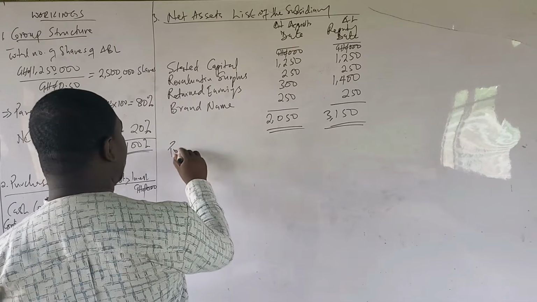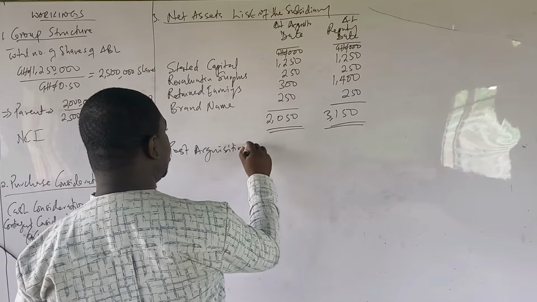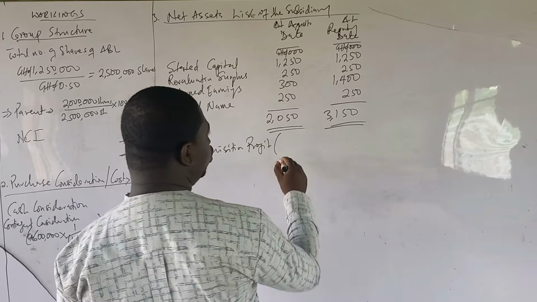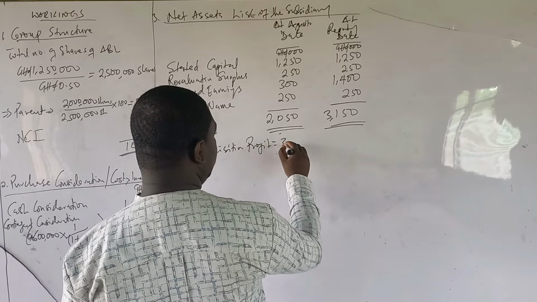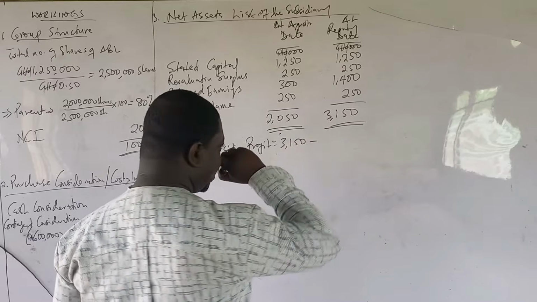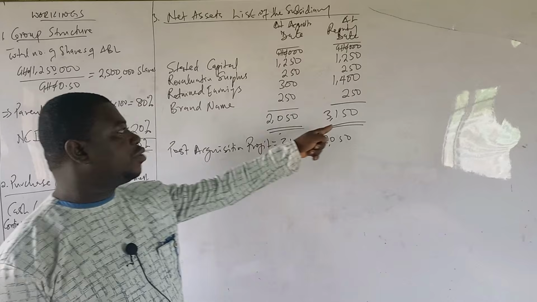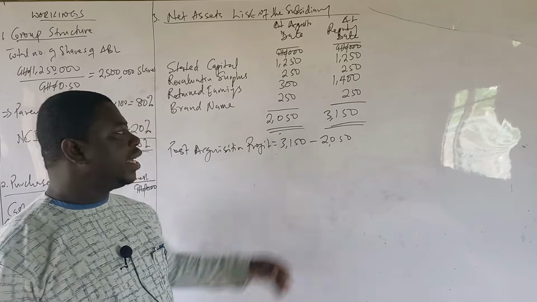So we now find our post-acquisition profit. And post-acquisition profit is going to be 3,150 minus 2,050. So we are actually finding the difference between the two to see if there has been an increase in the reserves or the net assets.